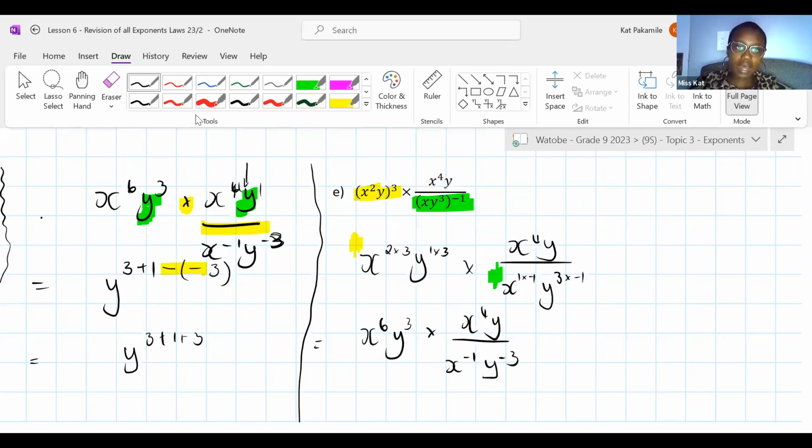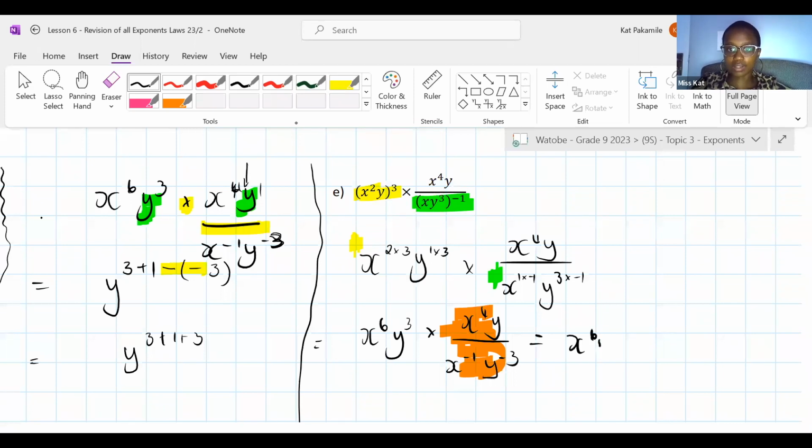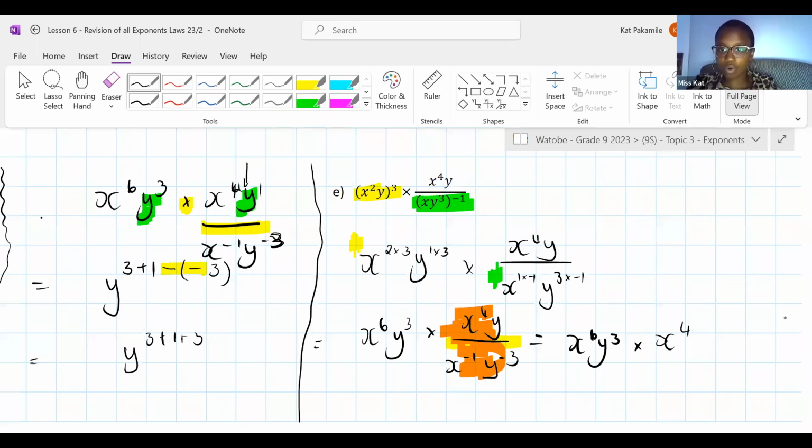Now let's first deal with this side. We leave the first part alone, x^6 y^3 times. In this case we are dividing, we agree? This is a division. So for x, what's in the numerator? We have 4, so x^(4 minus -1), because we are dividing and -1 was at the bottom.